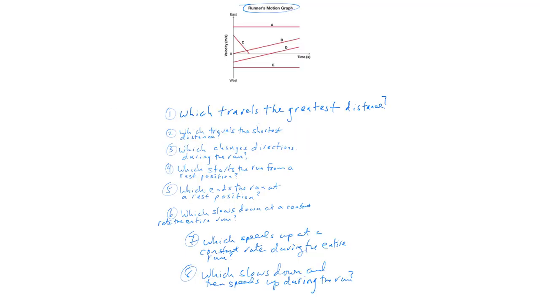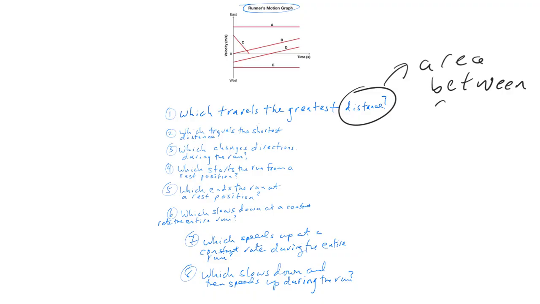Okay, so on a v versus t graph, if you're asked about the distance or displacement, it's kind of weird. This would be the area between the graph line and the x-axis.